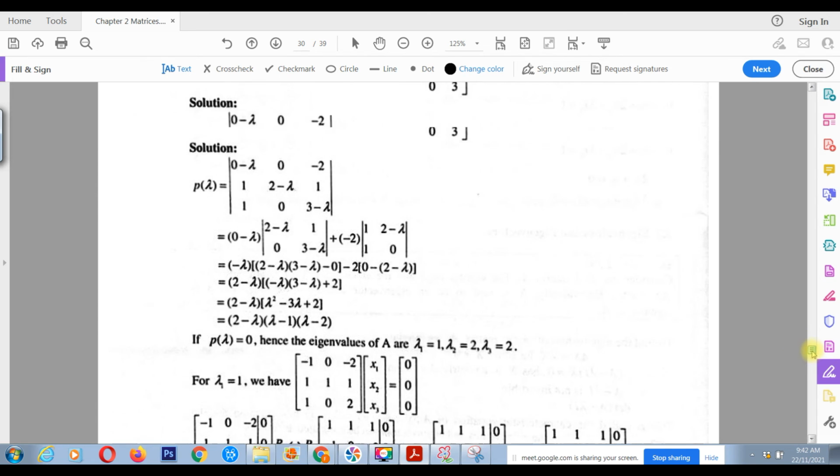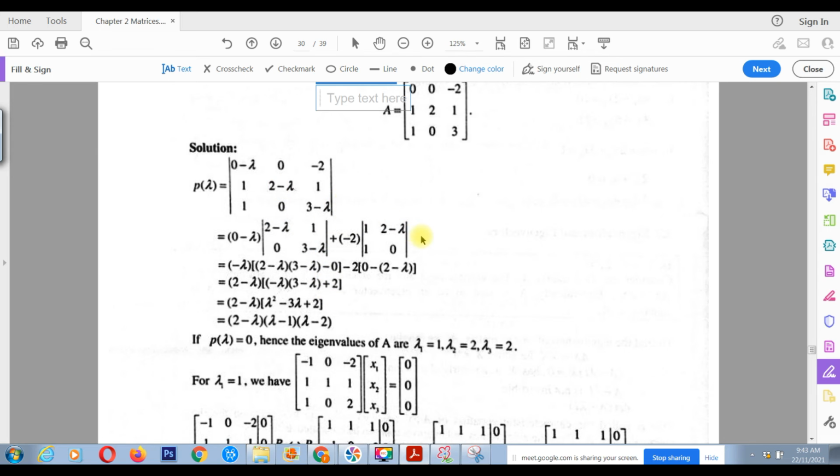To find the determinant, we use the row that has a lot of zeros. So this row.